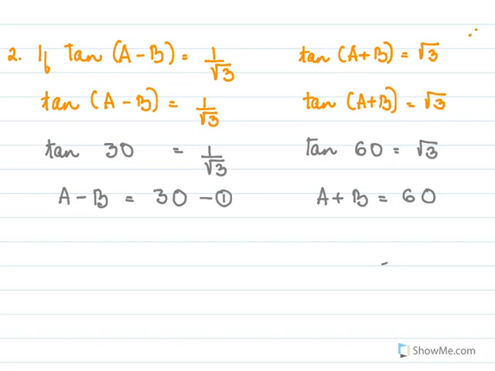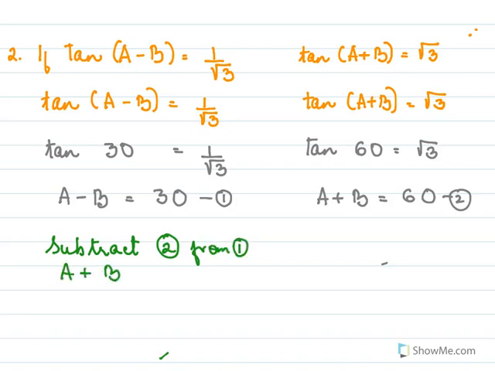So I have equation 1, this is equation 2. I am going to subtract 2 from 1, which means I have a plus b from 1. So I need to write a minus b first, equal to 30, and here we have a plus b equal to 60.